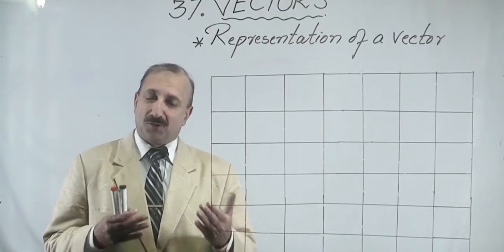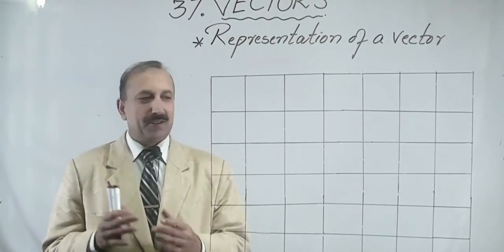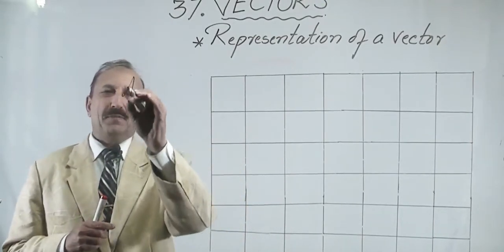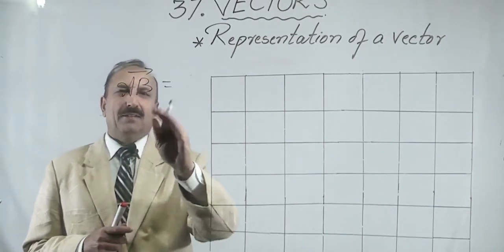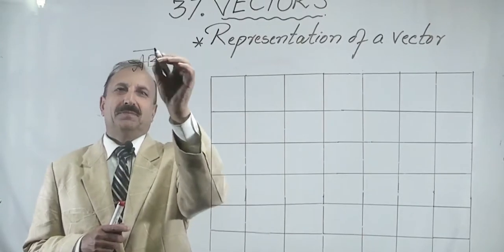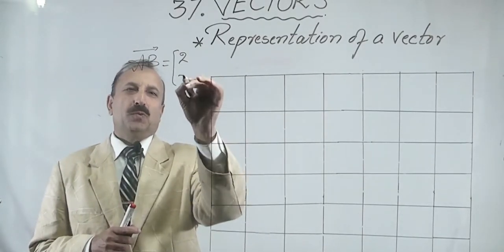Let's try to learn how can we draw a column vector on a unit square graph. For example, we have vector AB and its value is 2, 3.